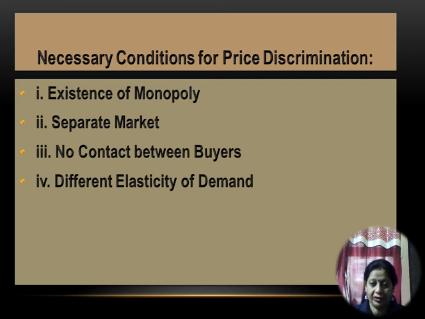That means if we talk about monopoly, then the buyers have no contact with each other. कि जो दो लोग आपस में एक सिंगल कमोडिटी बाय कर रहे हैं एक सिंगल सेलर से, तो उन दोनों का आपस में कोई भी कॉन्टैक्ट नहीं होना चाहिए. वाई? Because the monopolist is charging different prices from different customers. So that's why there should be no contact between buyers. So these are the four essential characteristics of price discrimination in a monopoly market structure.